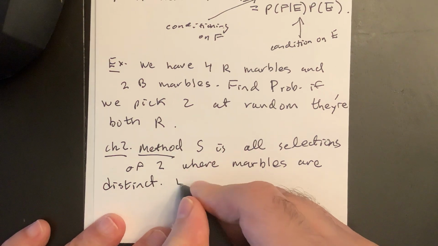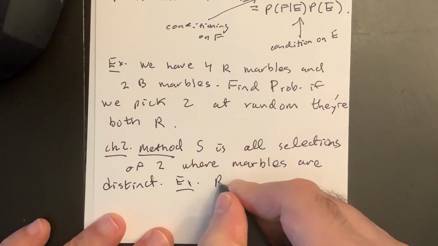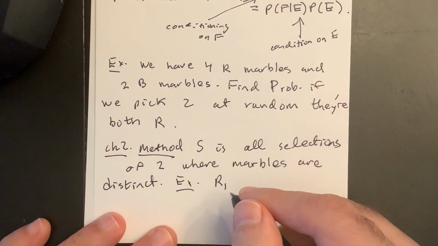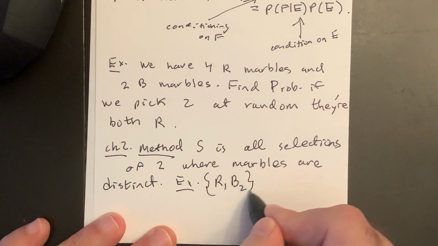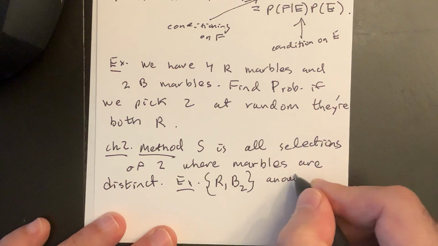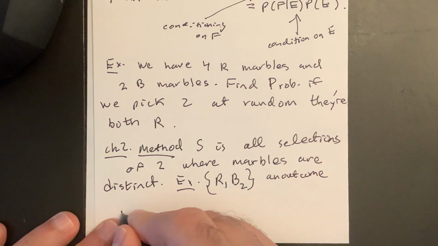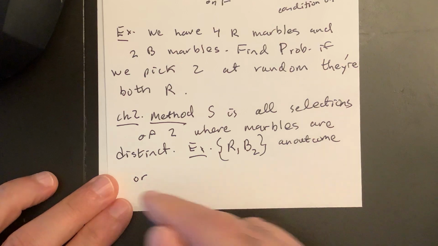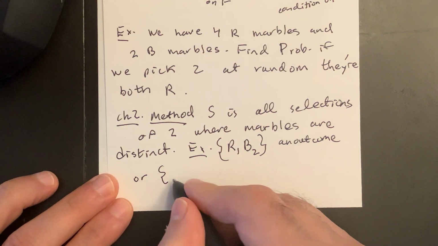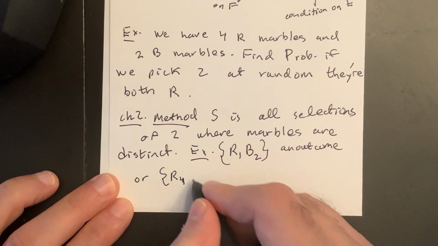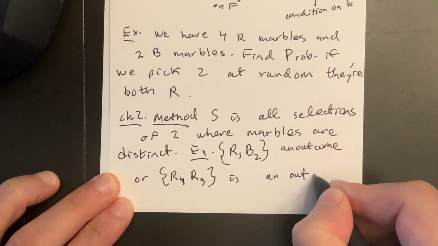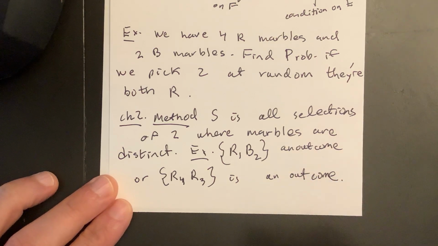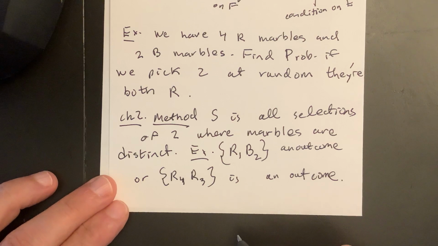So, for example, we could have R1, B2; this could be an outcome. Or say R4, R3 is an outcome. I just look at all the marbles as distinct, and I can do that by just putting subscripts on them.